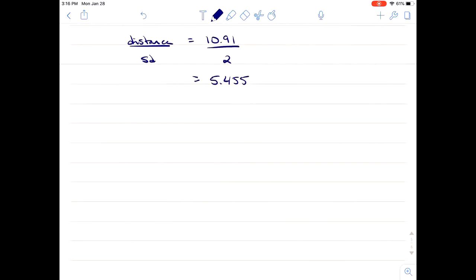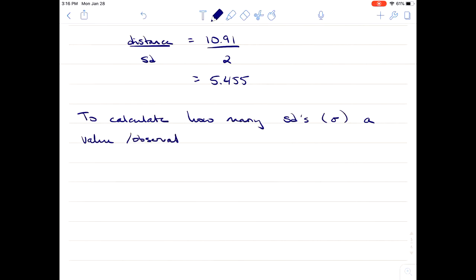So to calculate how many standard deviations (sigma) a value or observation, which we'll denote by just the lowercase x, is from the mean, mu, we find the Z-score.